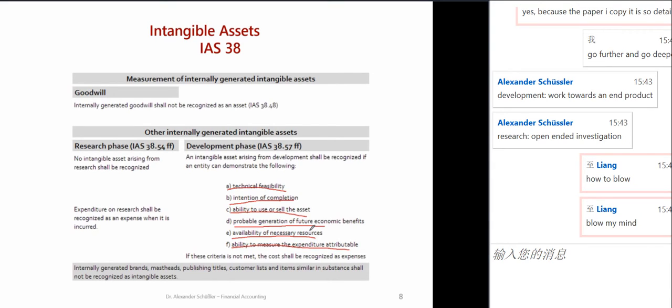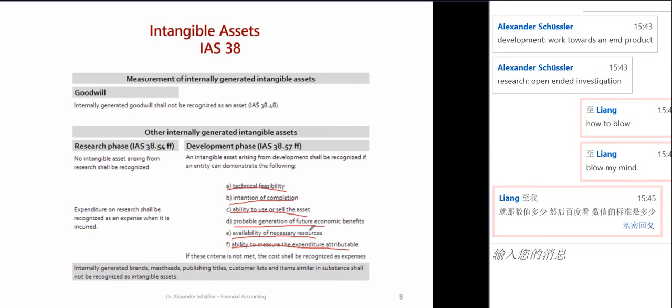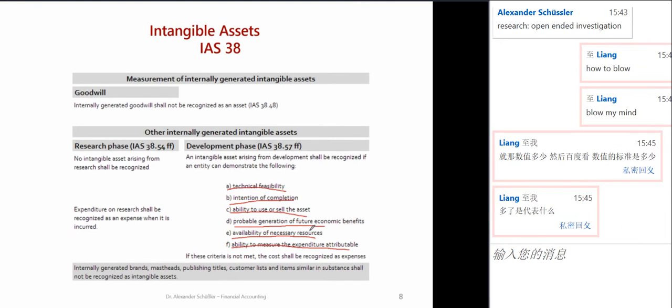So if all these conditions are met, then and only then can a firm put development costs on its balance sheet. And if these criteria are not met, then the costs have to be recognized as expenses. Internally generated brands, customer lists, and so on are not allowed to be recognized as intangible assets.